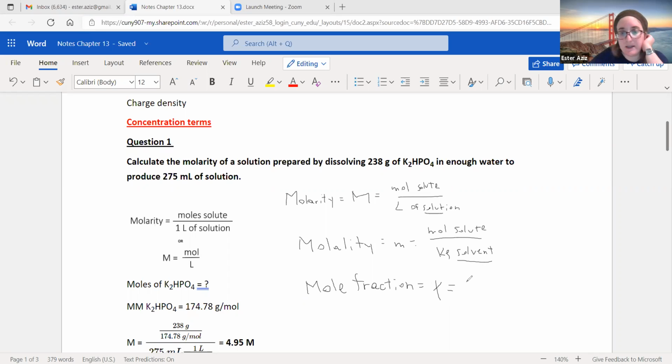And that's defined as the moles of solute over total moles.